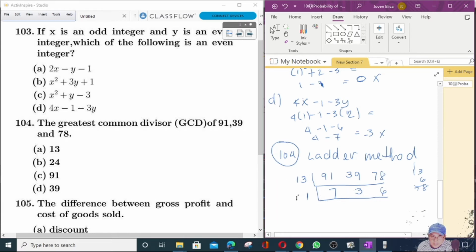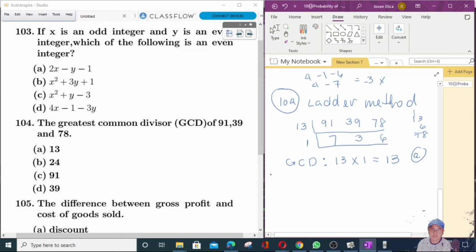So the GCF or GCD is equal to 13 times 1 is equal to 13. Letter A. The answer is letter A.